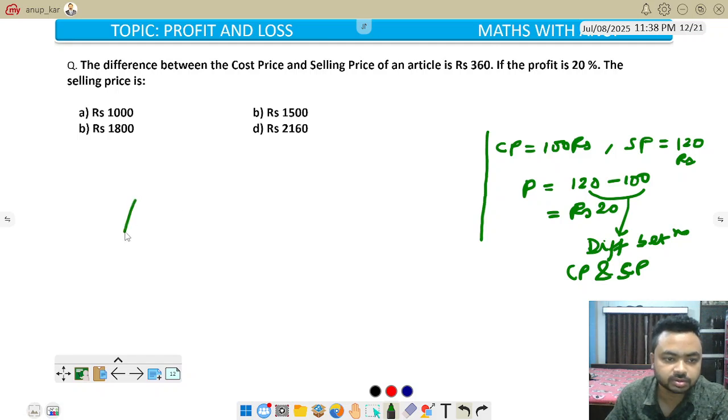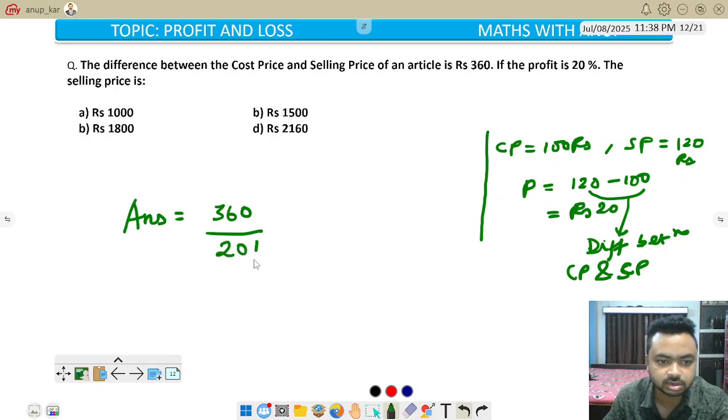So in one line you can find the answer: the difference, which is given to be 360, is equivalent to the profit percentage. What is the profit percentage? 20%. Now you have been asked to find the selling price. If the profit percentage is 20%, considering CP as 100%, what will be the selling price?